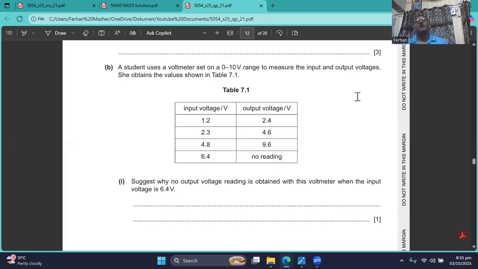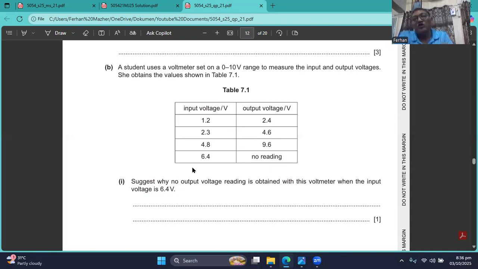The range of the voltmeter is only from 0 to 10 volt, and 12.8 volt is out of its range. That's why the voltmeter has not shown any reading. So no output voltage reading was obtained with this voltmeter when the input voltage is 6.4.